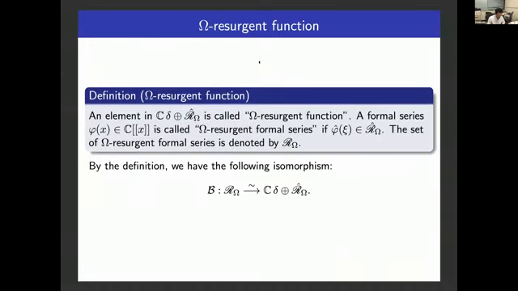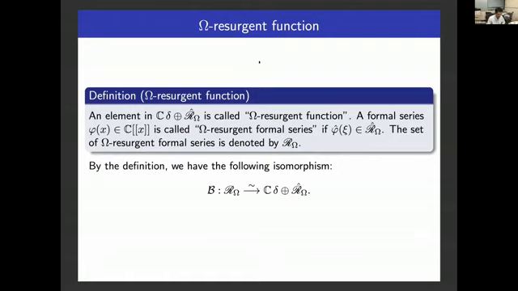As in the case of resurgent functions, we define Ω-resurgence in this way. An element in C δ⊕R̂_Ω is called an Ω-resurgent function. A formal series φ(x) is called an Ω-resurgent formal series if φ̂(ξ) is in R̂_Ω. The set of Ω-resurgent formal series is denoted by R_Ω.